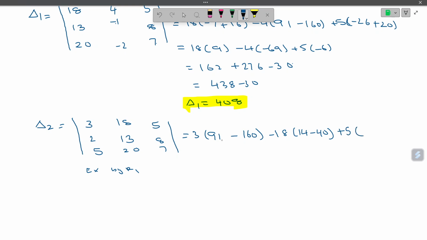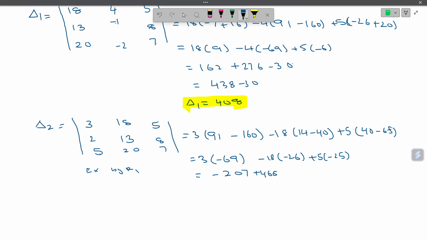Plus 5 times: 2 times 20 is 40 minus 13 times 5 is 65, minus 25. So 3 times minus 69 is minus 207.